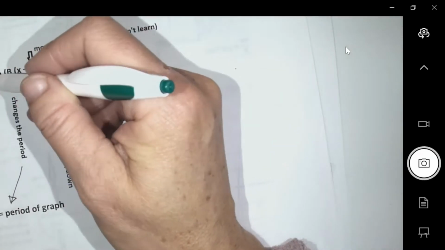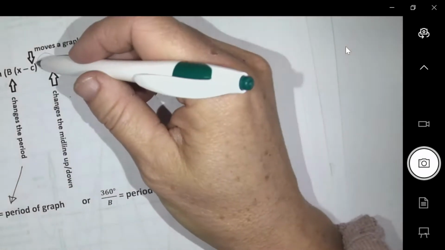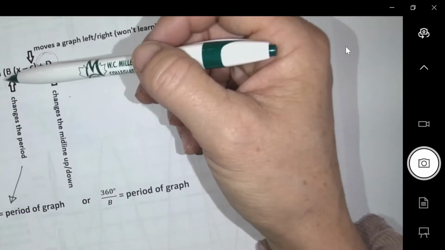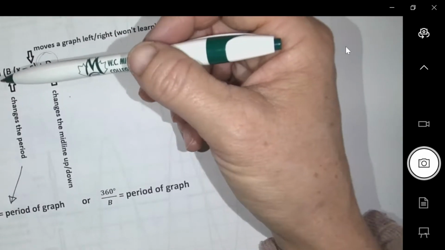Okay, we've talked about the equation. So the amplitude is this number in front, it changes the amplitude. And we talked about this value at the end changing the midline. And then we talked about a multiplier in this position, and it changes the period of a graph, and it follows this: 2 pi over b is the period of a graph.